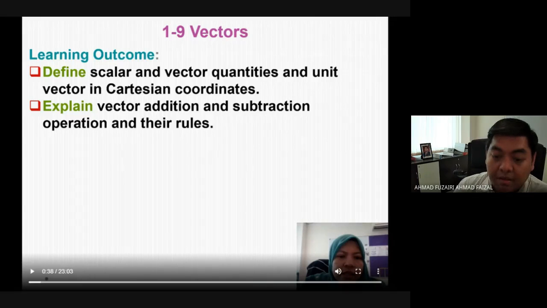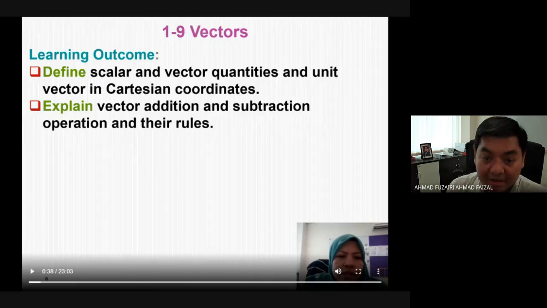But there's some a different approach. Maybe the maths approach is you want to find the answers, but in the physics approach, we actually want you to do, yes, of course, the final answers, but we want to know what is behind the vectors. Okay, so you must know how the vectors works.